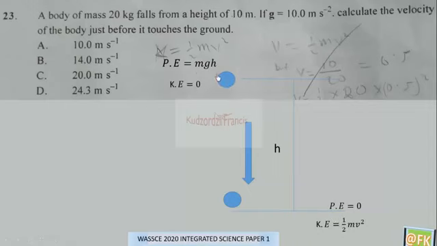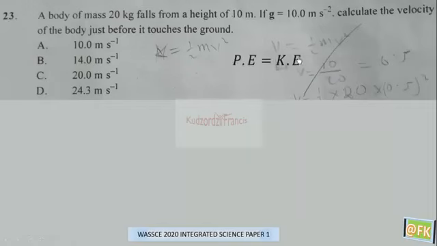This means that the potential energy is eventually transformed into kinetic energy. Since energy is neither created nor destroyed, the initial energy will be the same as the final energy. Potential energy will be equal to kinetic energy.